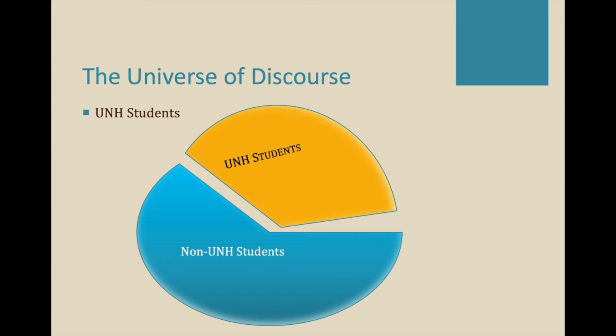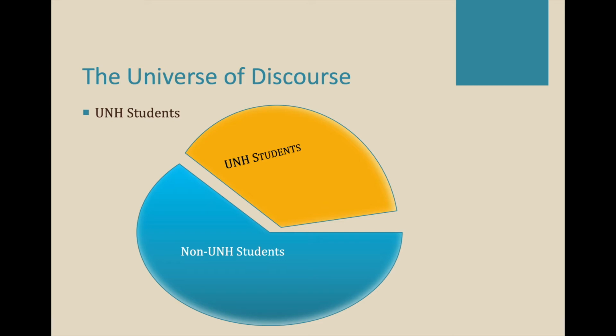But of course, if you're engaged in an argument about UNH students, or UNH students is one of the terms in your argument, there's no need to be talking about everything else in the natural universe, trees, planets, quasars, political ideologies, all of those other kinds of things, right, that exist in the universe, but which aren't relevant to your argument. So we reduce the natural universe to just a universe of discourse that contains the terms we are using and their complementary terms.